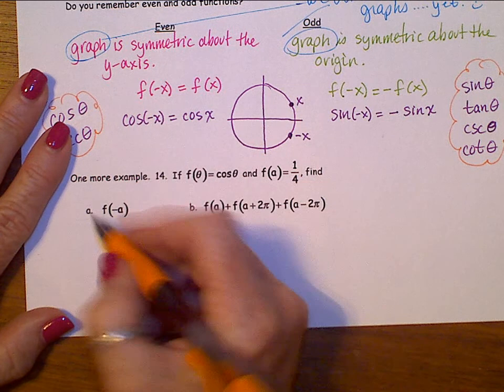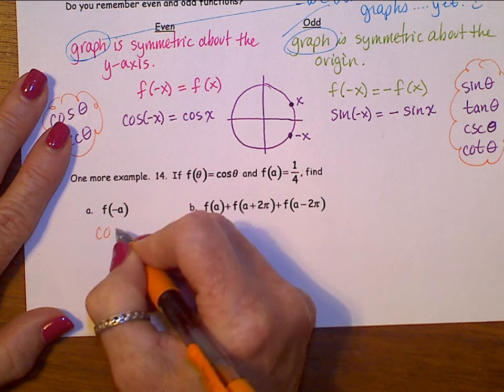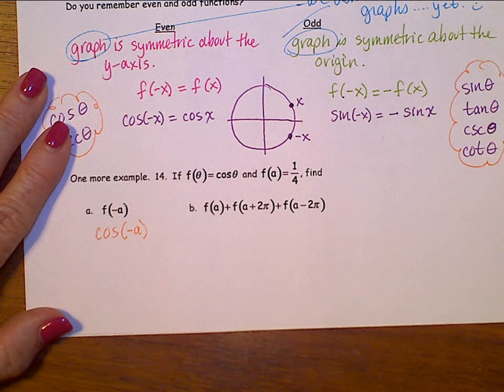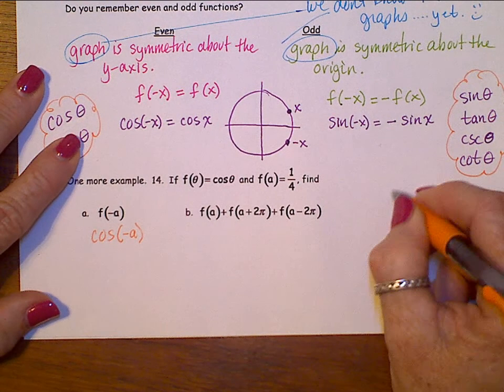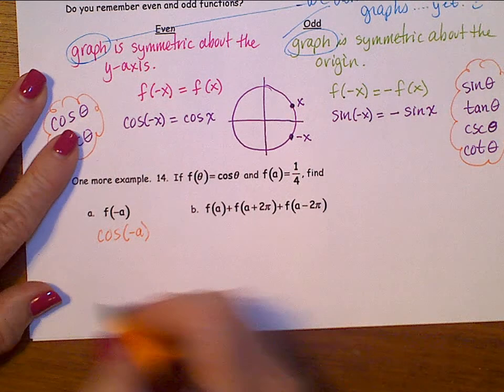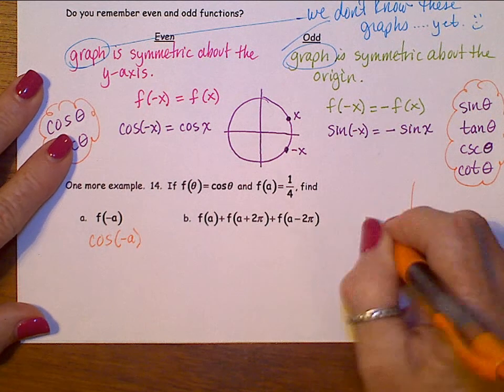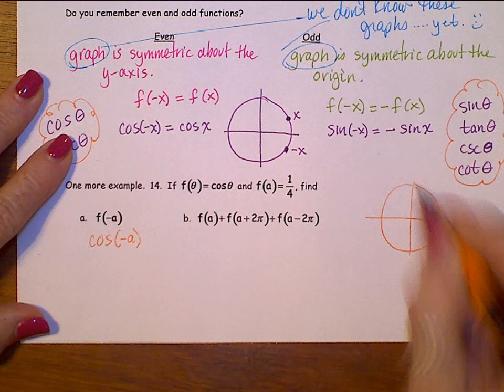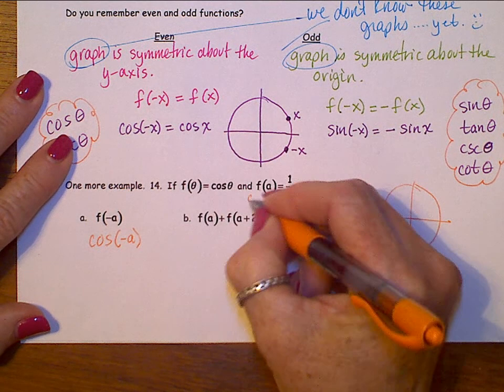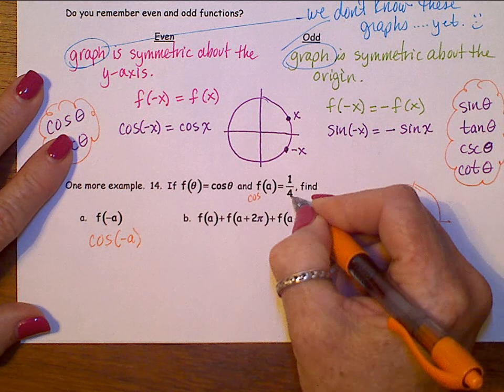So this is actually telling you to find the cosine of the opposite of a. Well, where's a? This is saying the cosine, that's f, cosine of A is 1/4.